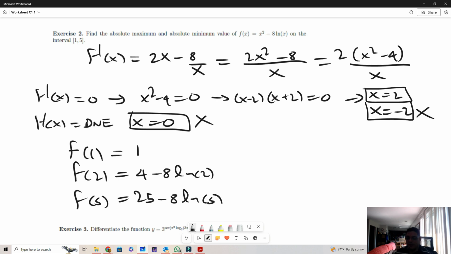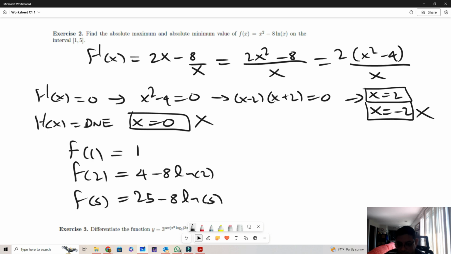Then, of course, I need to find out which is the maximum and the minimum of these values. Here you probably want to use a calculator, since there are very specific values.